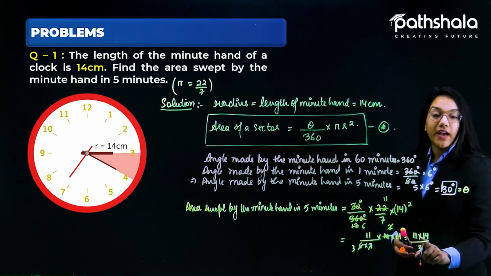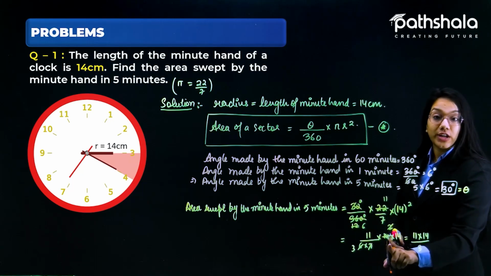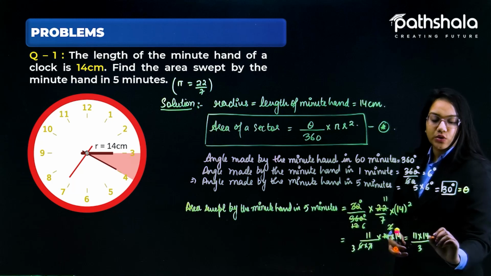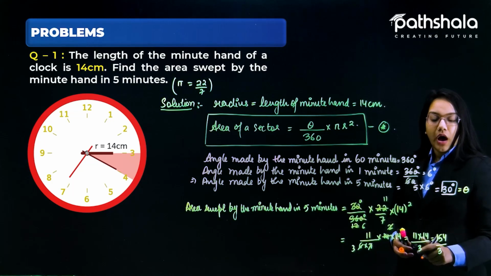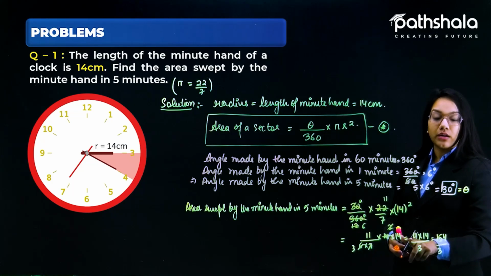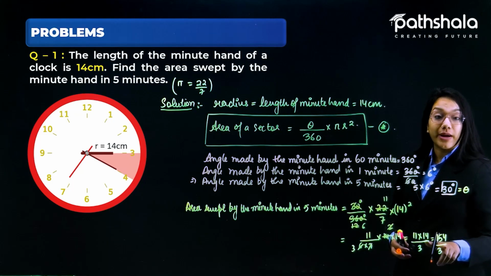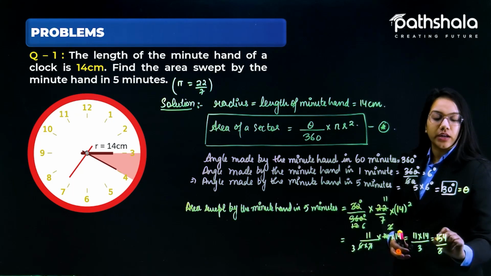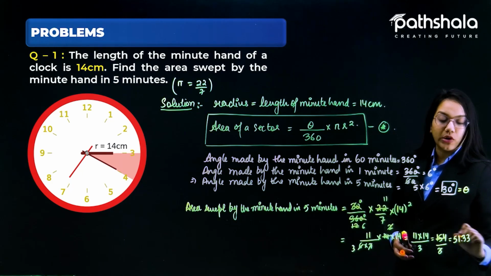After multiplying 11 and 14, we get 154 divided by 3. And if you divide it properly, it is approximately 51.33.